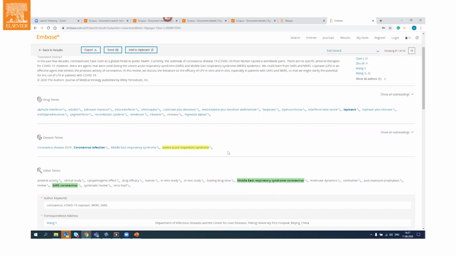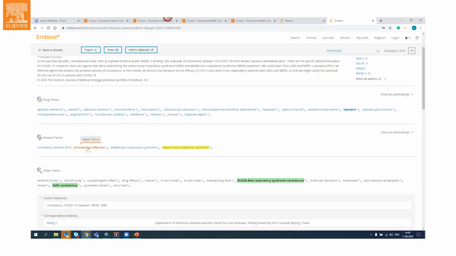As you see, some of them are highlighted in yellow and some in green. This one is highlighted in yellow because we used it in the filters. This one is highlighted in green because we used it in the original search, and as you see, it was exploded from beta coronavirus.